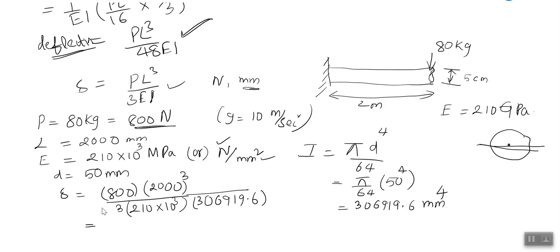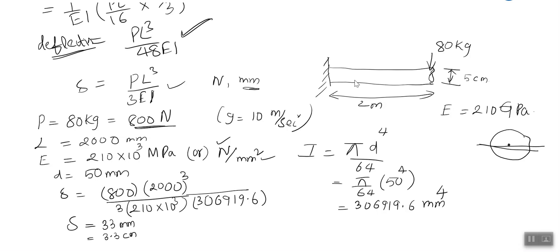If we calculate this, we will get delta as 33 mm or 3.3 centimeters.